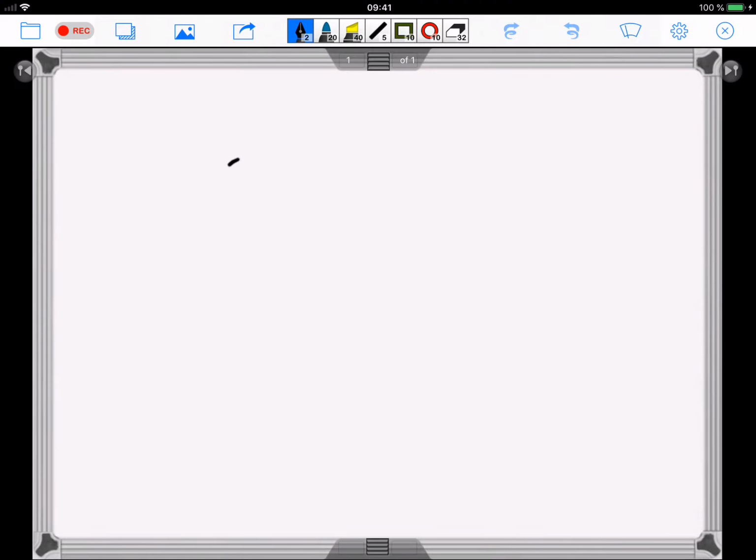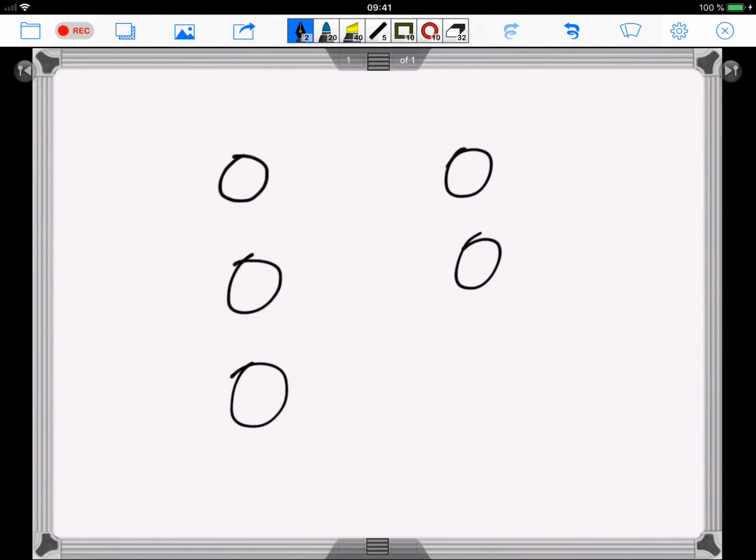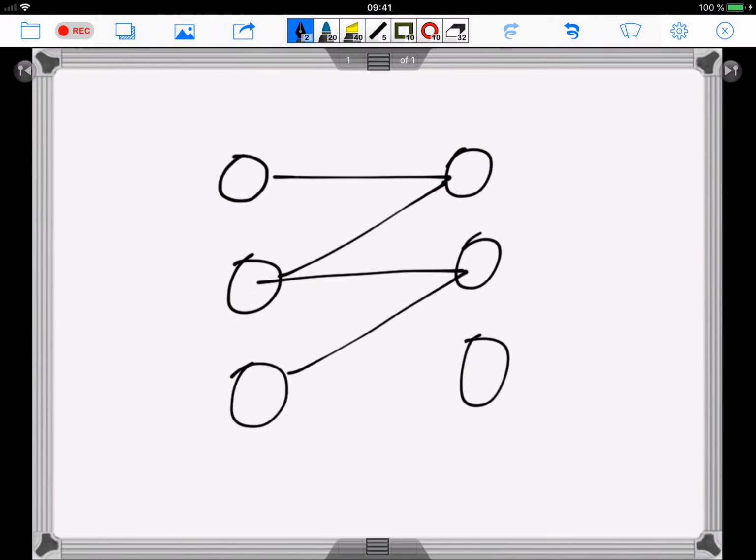So for instance, imagine that we have a graph like this one, with connections from vertices in one part to the other, something like this.